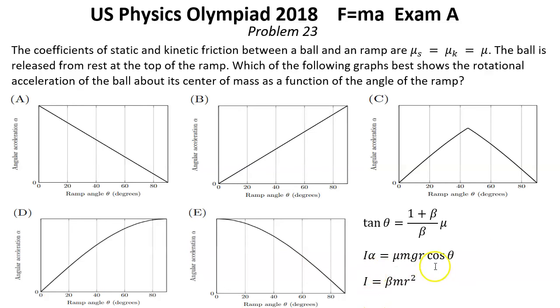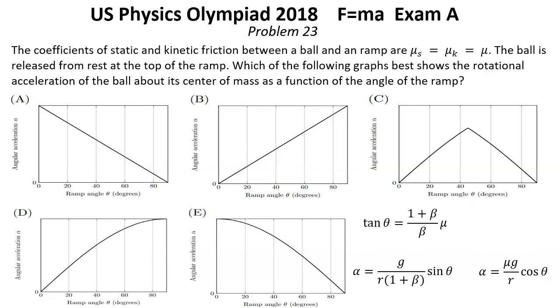Here we just use equation for rotational motion, and using formula I equal beta mr square, we can find that angular acceleration equal this expression. So we can use this expression for tangent theta more than this expression. And finally we have a solution for two cases.